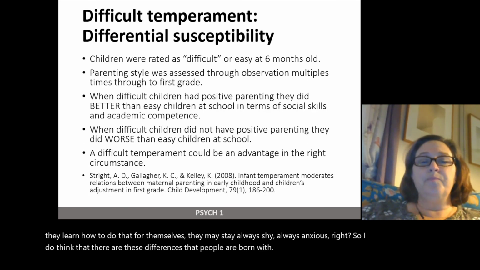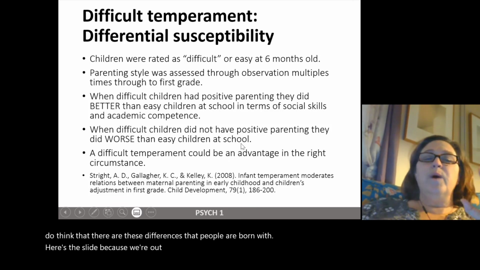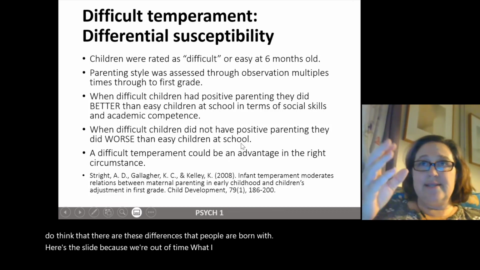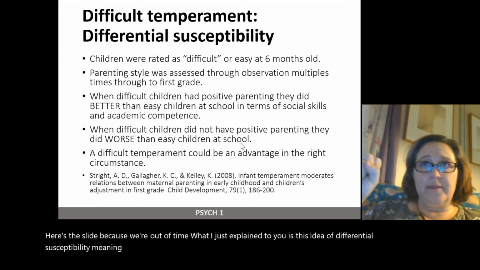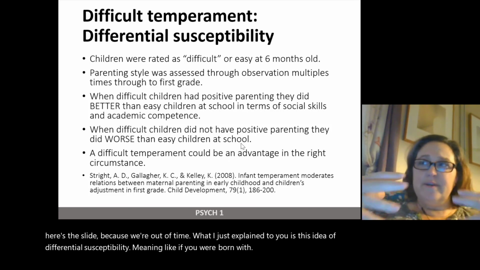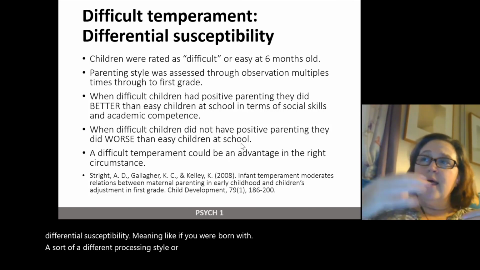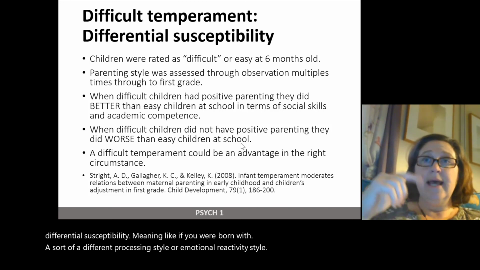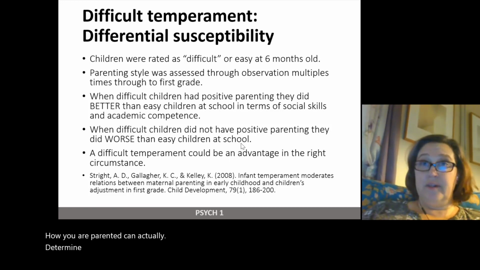But here's a slide. Because we're out of time, what I just explained to you is this idea of differential susceptibility, meaning if you're born with a different processing style or emotional reactivity style, how you are parented can actually determine whether you're successful or not.